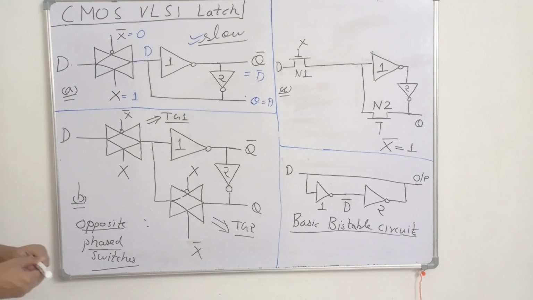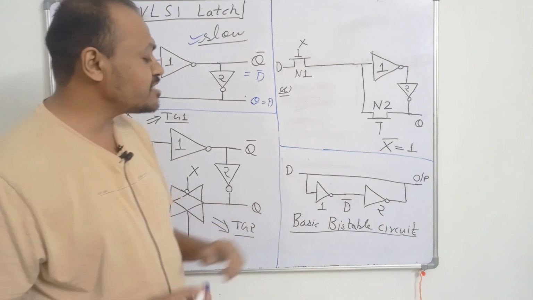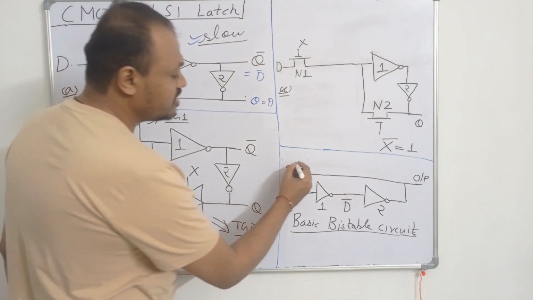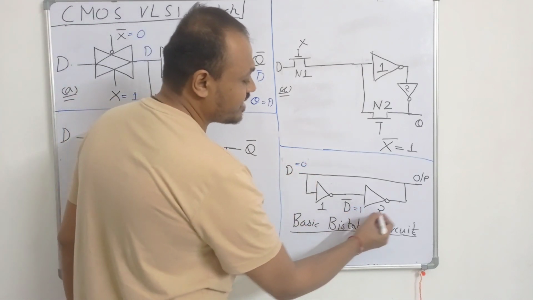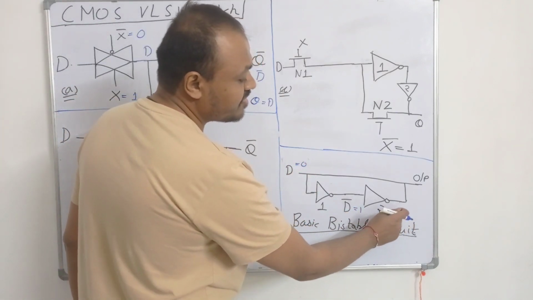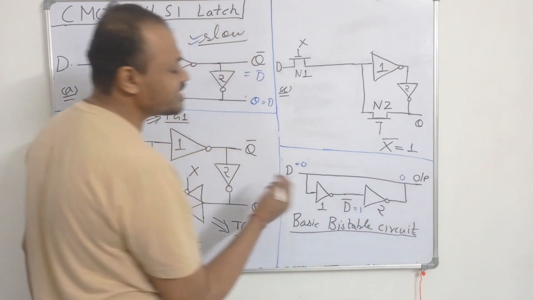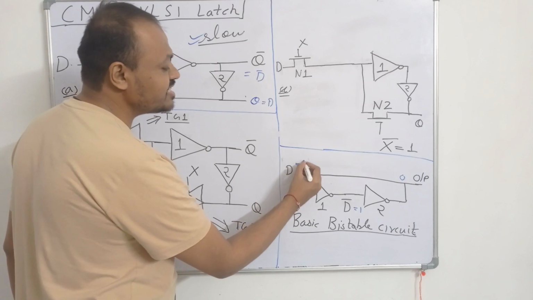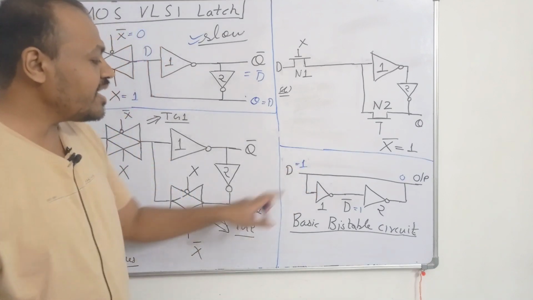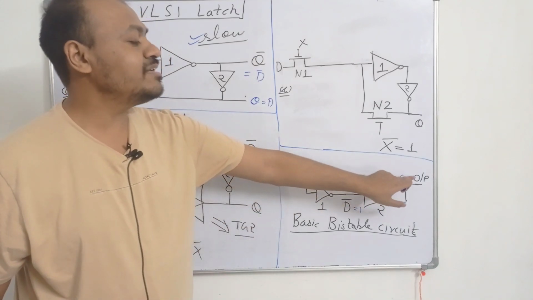How can we understand that? Suppose D is equal to 0, then D bar will be equal to 1, and again the output of this inverter will be 0. But suppose we change the value of D to 1. Now here it is 1, but here it is 0.